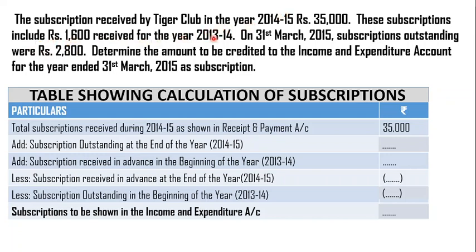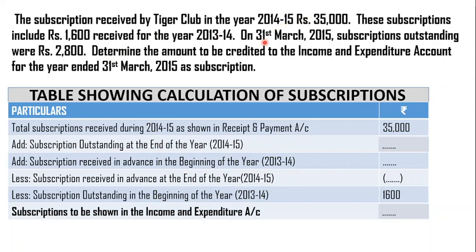So you can make out this is for the previous year. So whatever amount you are receiving for the previous year is a subscription outstanding at the beginning of the year. If you are receiving it now, of course, it was outstanding last year and now you're receiving it. So this is going to be deducted.